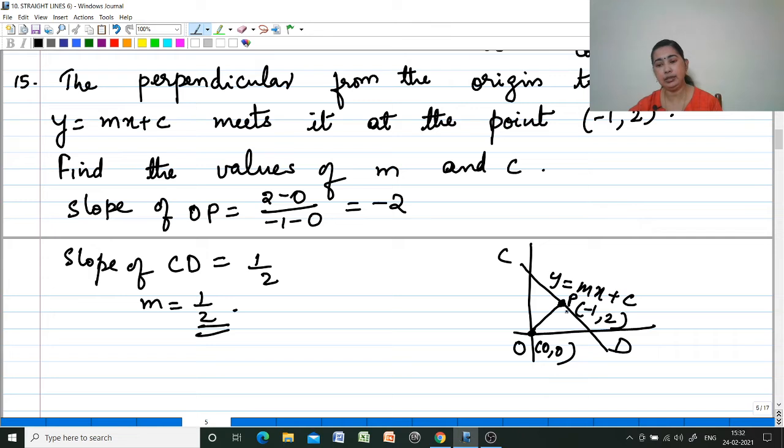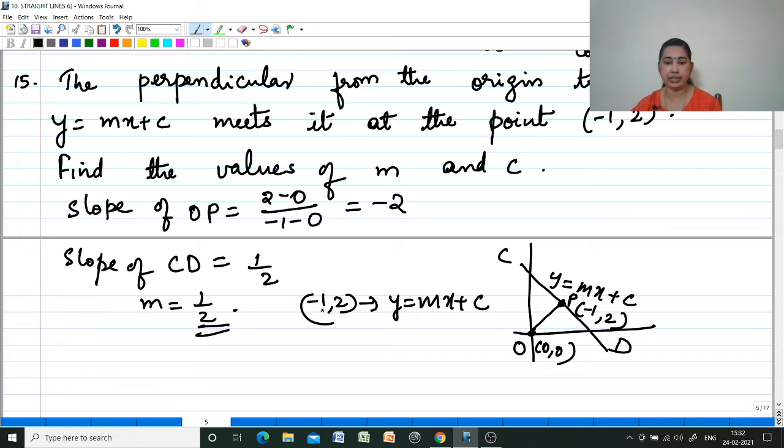Again, in this equation, we know that (-1, 2) is a point on this line. So (-1, 2) satisfies the equation y is equal to mx plus c.